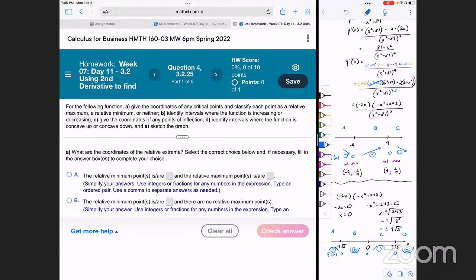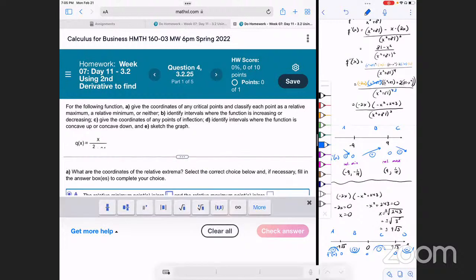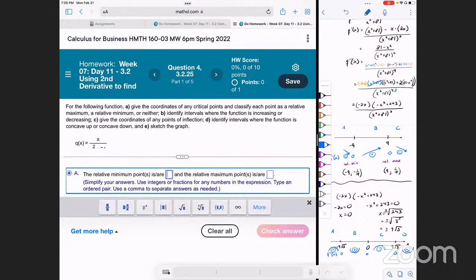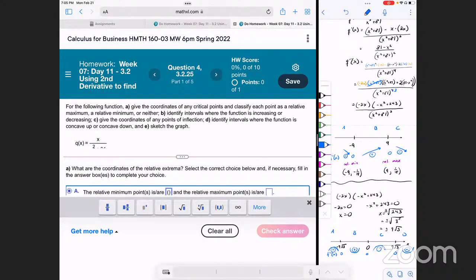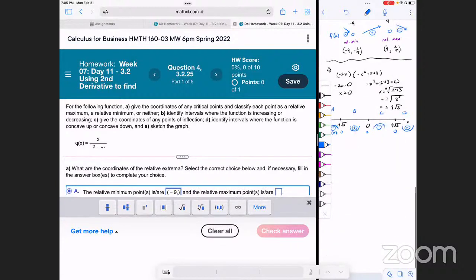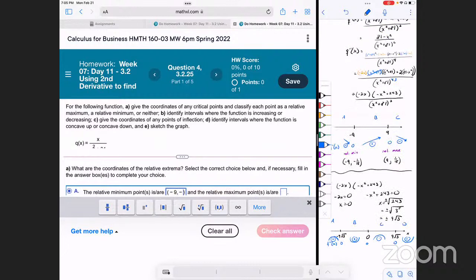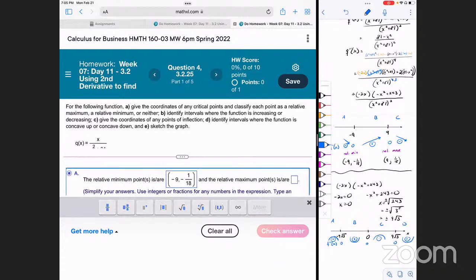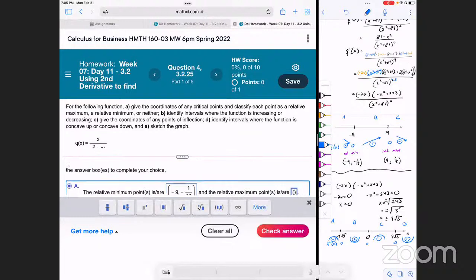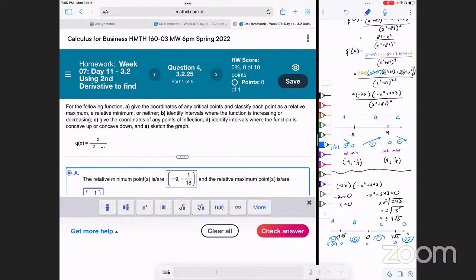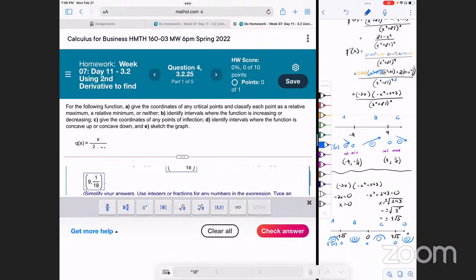It says use integers or fractions. So for the minimum, negative 9, comma, negative 1/18. And for the maximum, 9, comma, 1/18. Let me see.